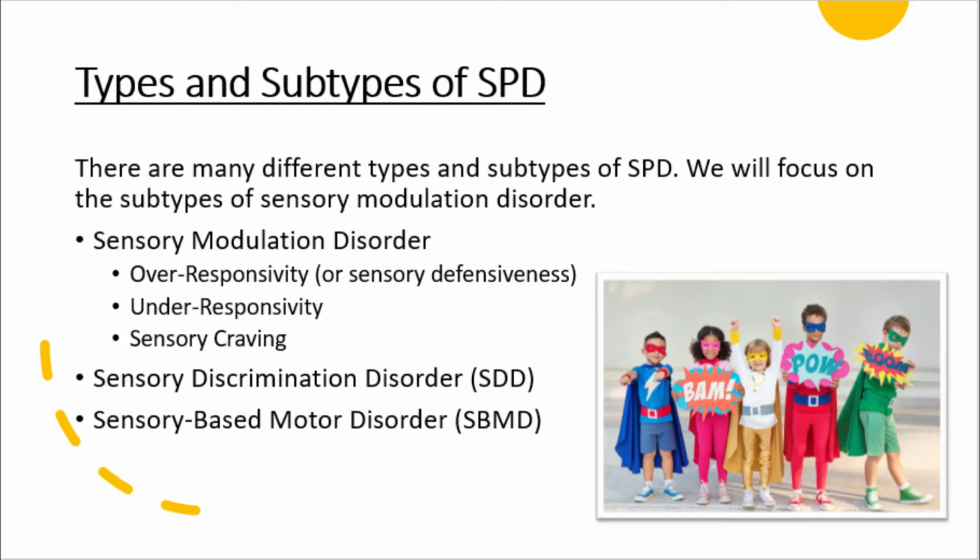First, let's take a brief look at some of the types and subtypes of sensory processing disorder. We'll mainly focus on sensory modulation disorder and the three subtypes of over-responsivity, also called sensory defensiveness, under-responsivity, and sensory craving. Children with over-responsivity have a quicker and more intense response to sensory stimuli.